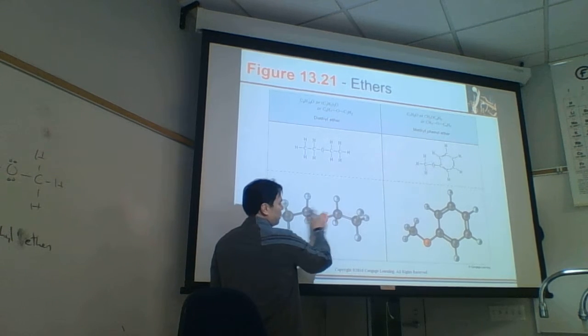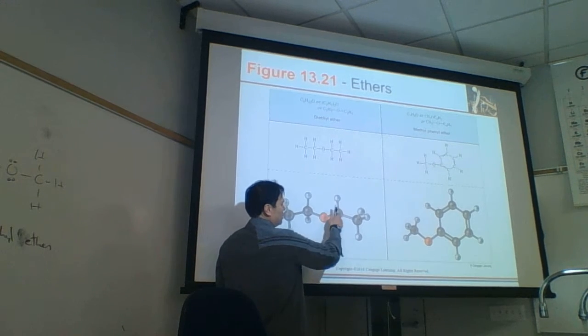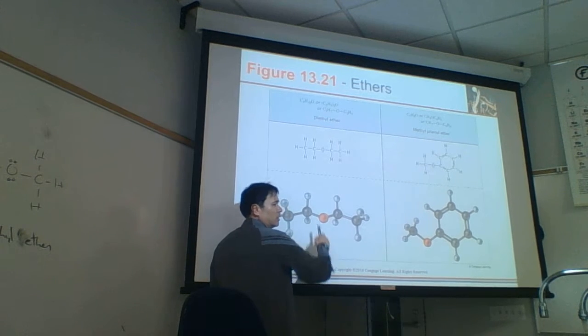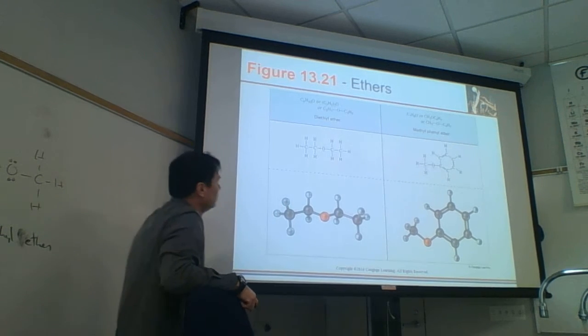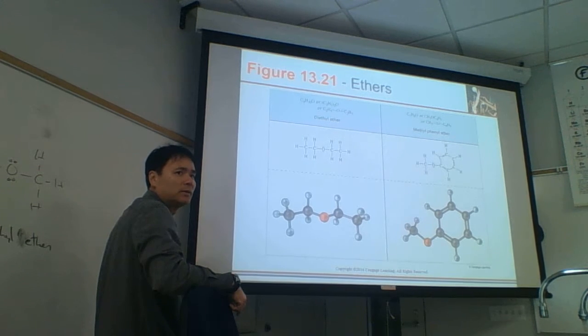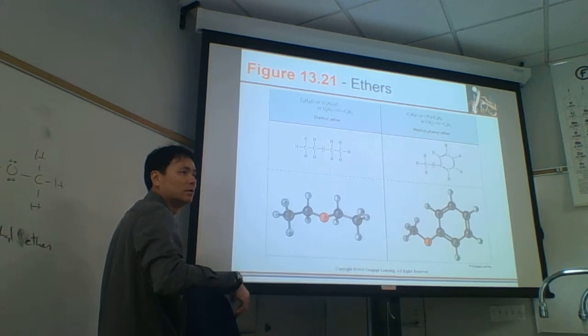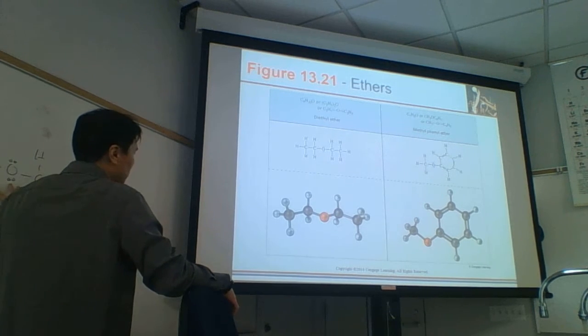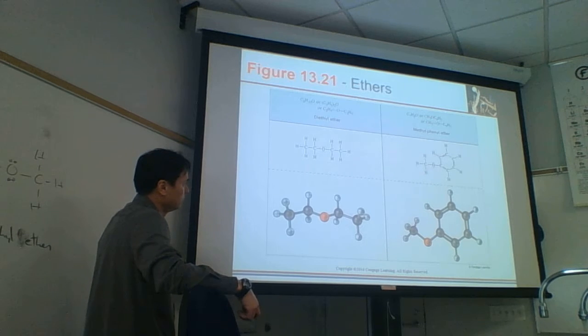Diethyl, because we have 2 ethyls and we have the C-O-C link. The C-O-C link is the ether link in organic chemistry. Diethyl ether is the most common ether. A lot of people just call it ether, but there are a lot of different ethers out there. For example, dimethyl ether, that's different from diethyl ether.